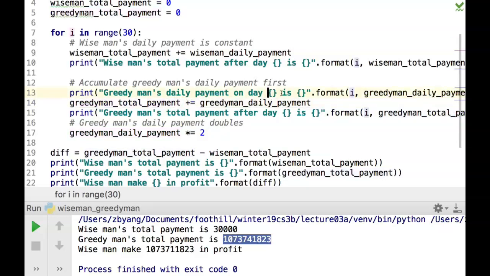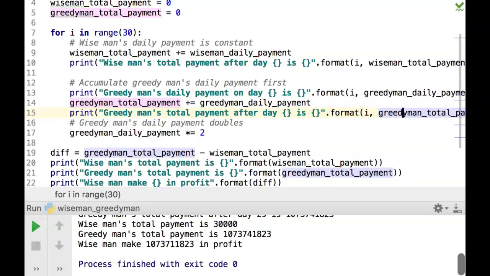And again, the day number i is going to be very useful in this case. And then after I accumulate the total payment, I also print it out just so that I can, by hand, verify that it's actually correct.